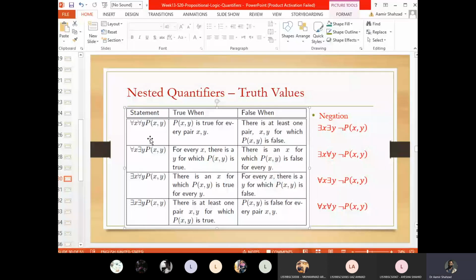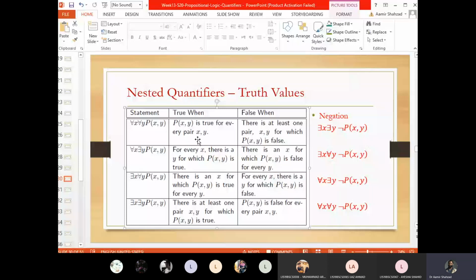So हम कह रहे हैं कि for all x and for all y, यानी हमारे पास दो सेट्स हैं, एक सेट x का है और एक सेट y का है. हम कोई भी एलिमेंट x से ले लें और कोई भी एलिमेंट y से ले लें, p of x, y ट्रू होगा. So each and every possible pair x, y, p of x, y is going to be true.